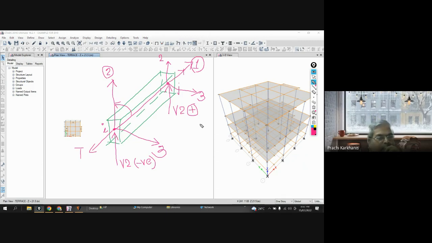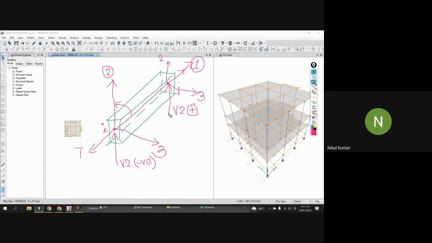See, here it is positive, but here the upward sign is negative. That is confusing to most structural engineers because we always say that either upward will be positive or downward will be positive. Sir was asking why this is positive and this is negative.